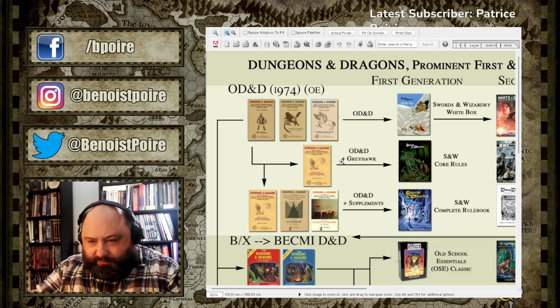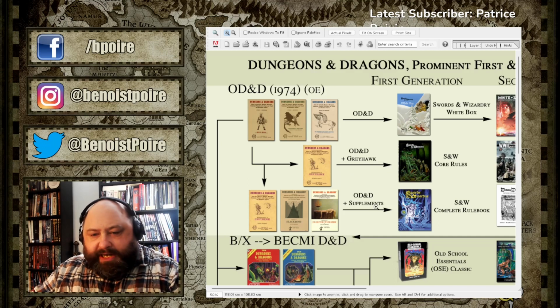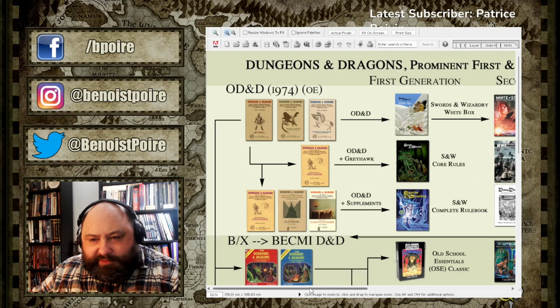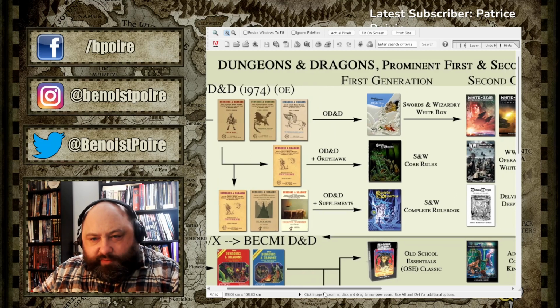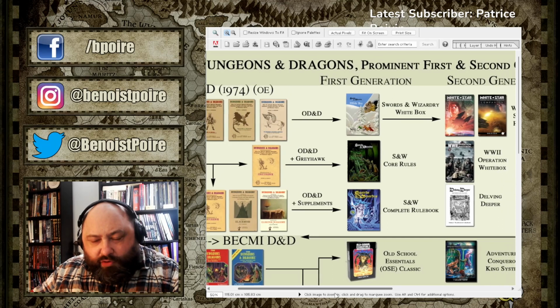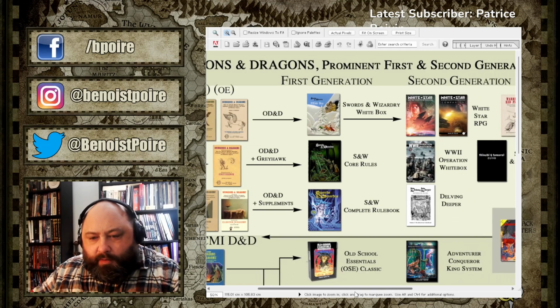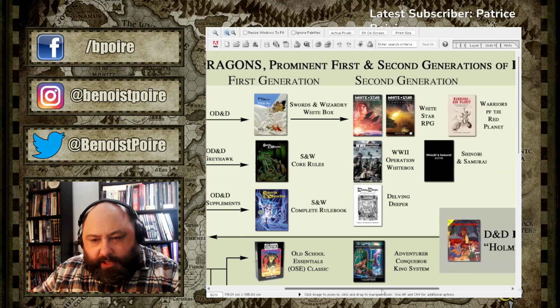Personal note, this is one of my favorite versions here. The Complete Rules are very, very good to emulate the original feel of the game. So Sword and Wizardry is essentially the most known first generation clone to emulate the original game. There were others, right?